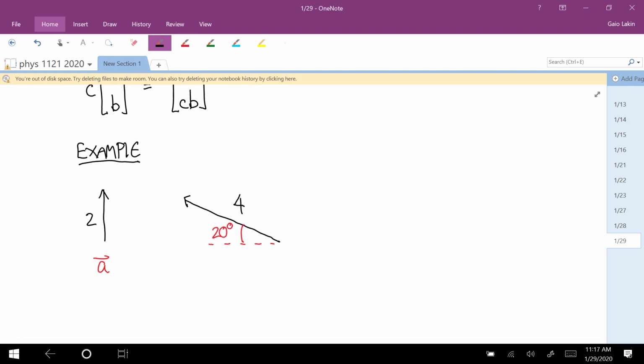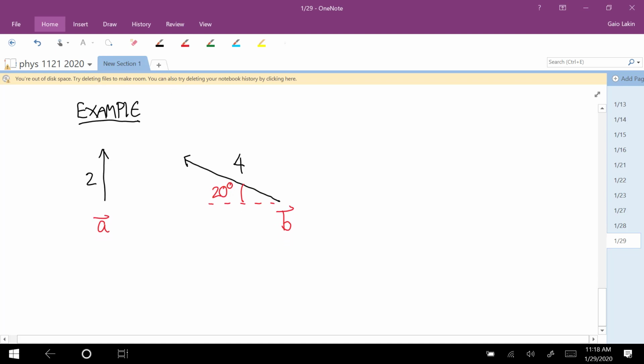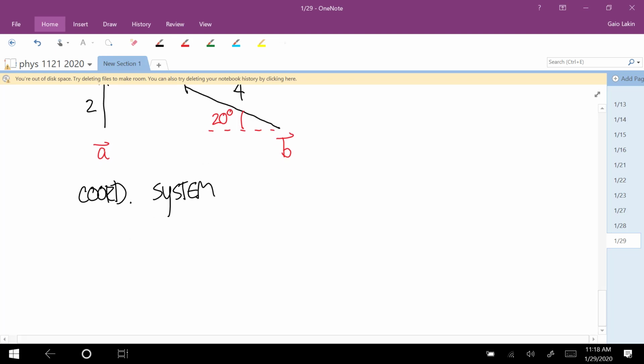And let's say this is the vector B. And now let's say that the coordinate system has x up and y to the left.